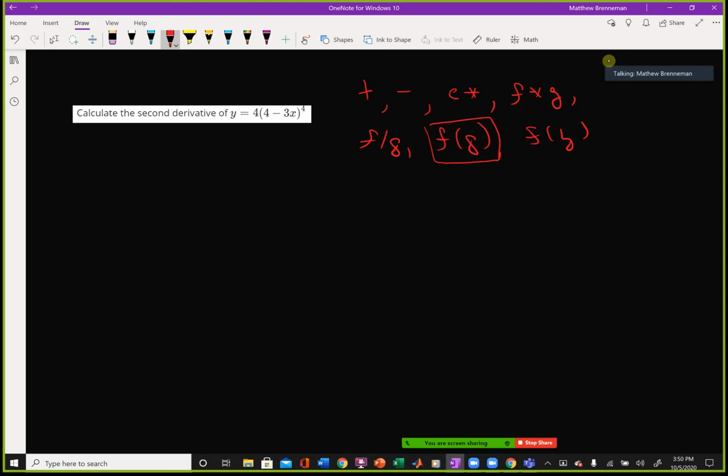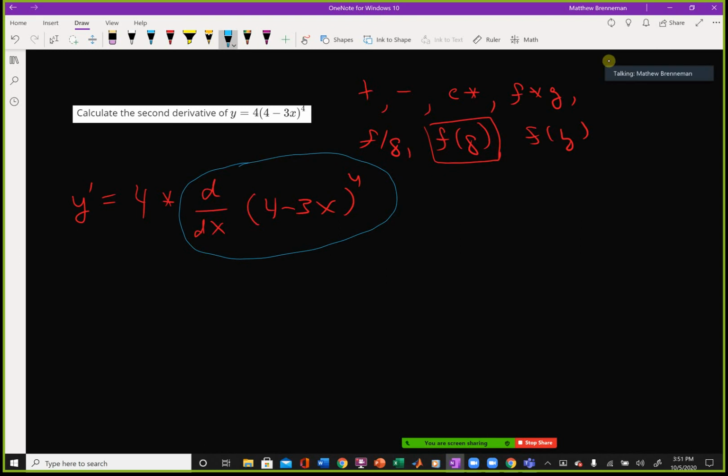And so I'm going to write this as y prime is equal to, so my 4 I'm going to pull outside, and I'm going to have d/dx times 4 minus 3x to the 4th. And to take the derivative of this, I'm going to think of the inside function as we were thinking of this on Friday.